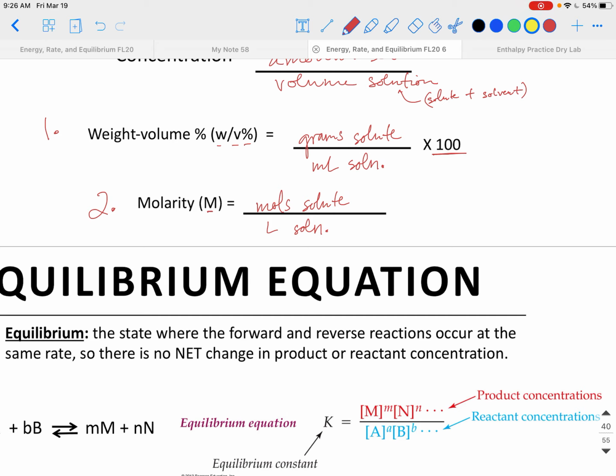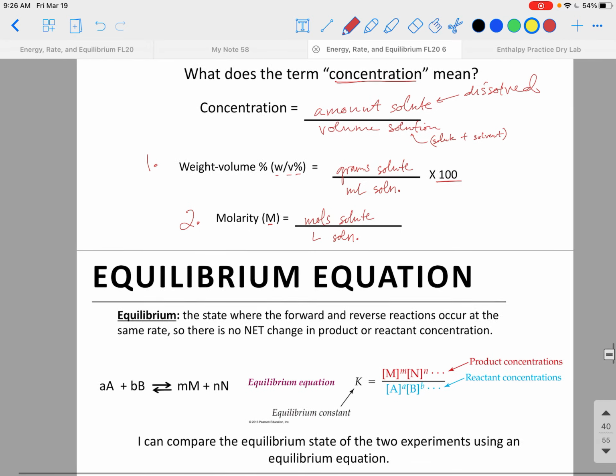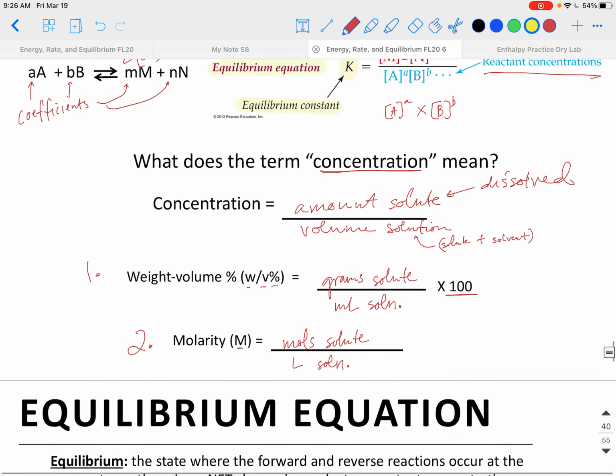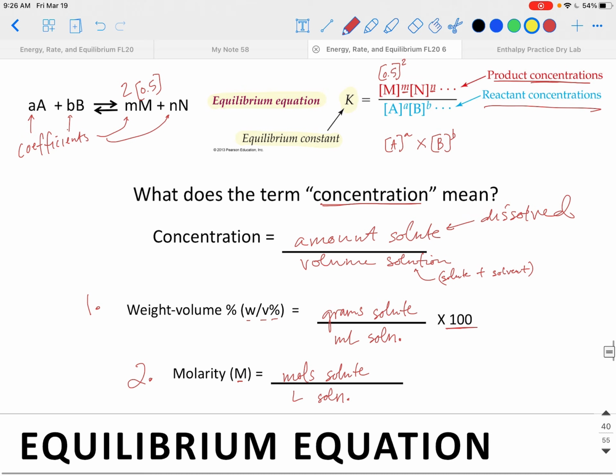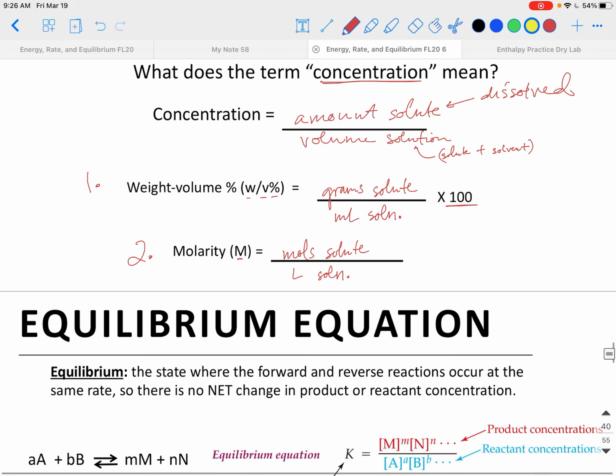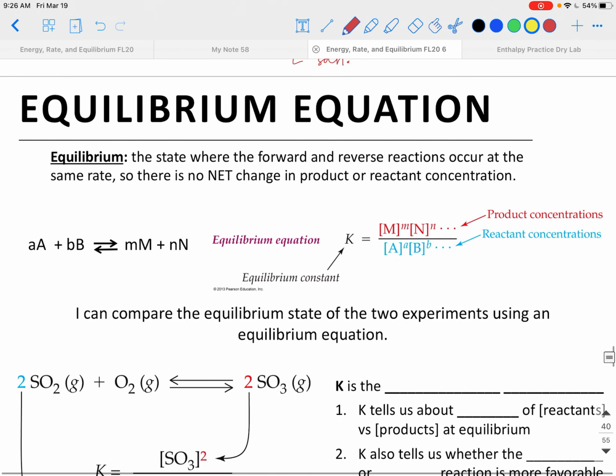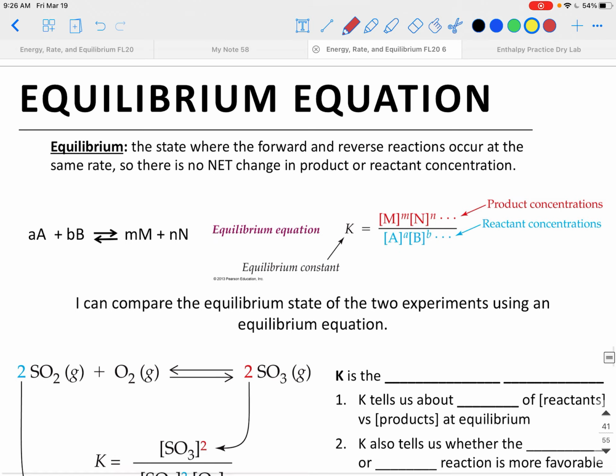Okay, notice solute always goes on the top, either in grams or moles, and then the volume of your solution always goes on the bottom. Okay, so that is how you measure concentration. That's a little bit of what concentration is. So let's talk a little bit more about this equilibrium constant K.